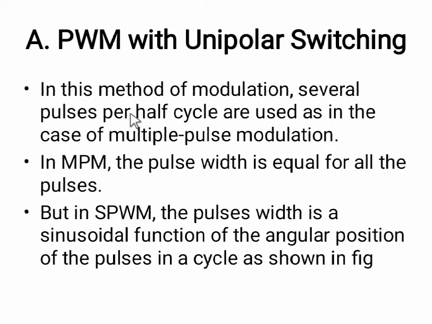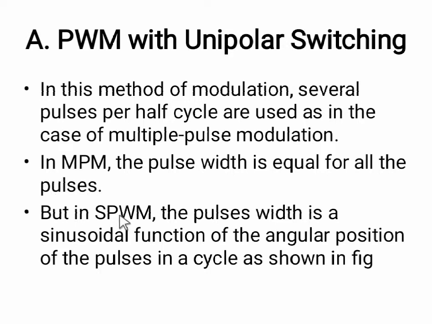First we understand what PWM unipolar switching is. In this method of modulation, several pulses per half cycle are used, as in multiple modulation. In multiple modulation, the pulse width is equal for all the pulses, which we saw in the previous topic.